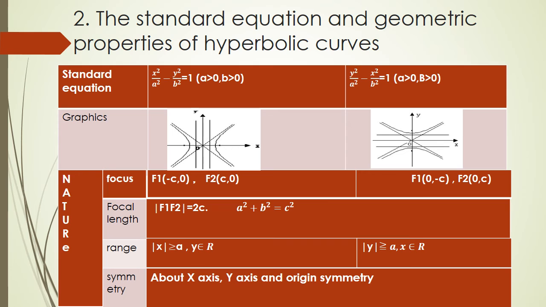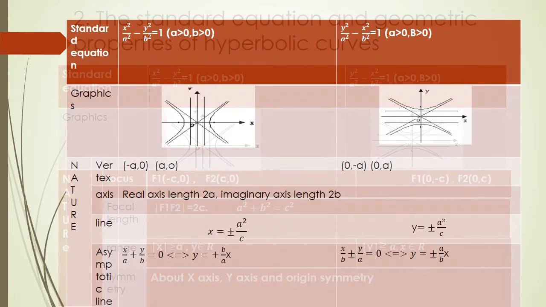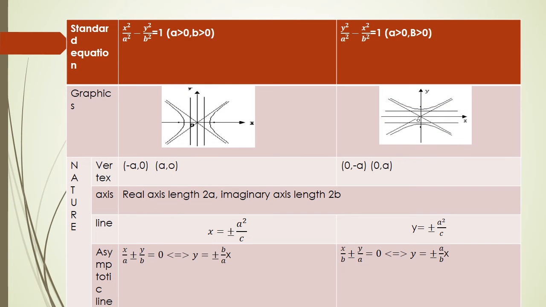The value of x is greater than or equal to a, and the value of y is also greater than or equal to a. They also have the same symmetry: about the x-axis, the y-axis, and origin symmetry. Let's continue with nature.